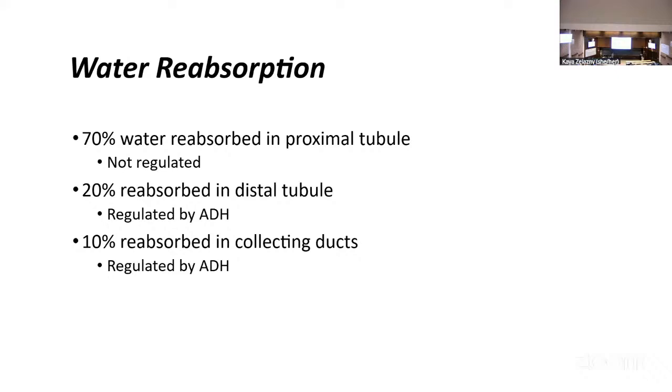So to do that, we can't let all the water that's coming into the kidney being filtered into our nephrons escape and be excreted as urine, because we have lots and lots of fluid coming into those nephrons every minute. Fortunately, after that fluid is filtered into Bowman's capsule, it enters the proximal tubule.